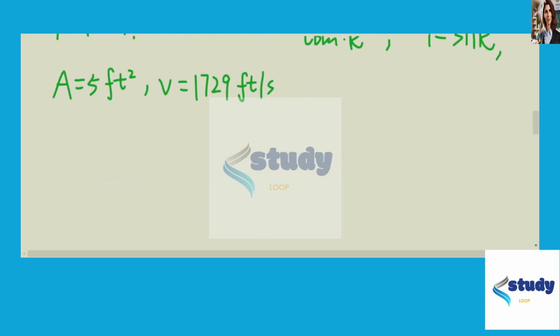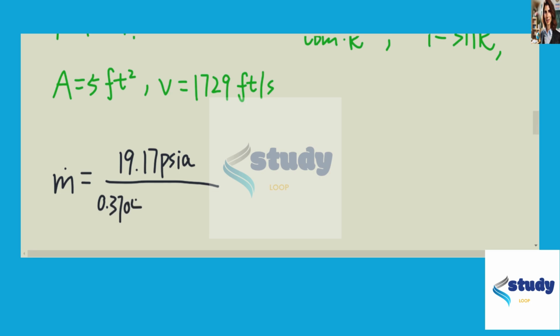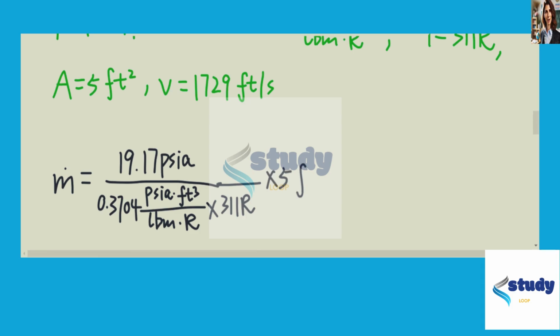So now let's plug back into the equation to determine the mass flow rate at the test section, which is equal to 19.17 psia over 0.37404 psia times feet cubed per pound mass times Rankine, then times the temperature, which is 311 Rankine, times the area 5 feet squared, and then times the velocity, which is 1729 feet per second.